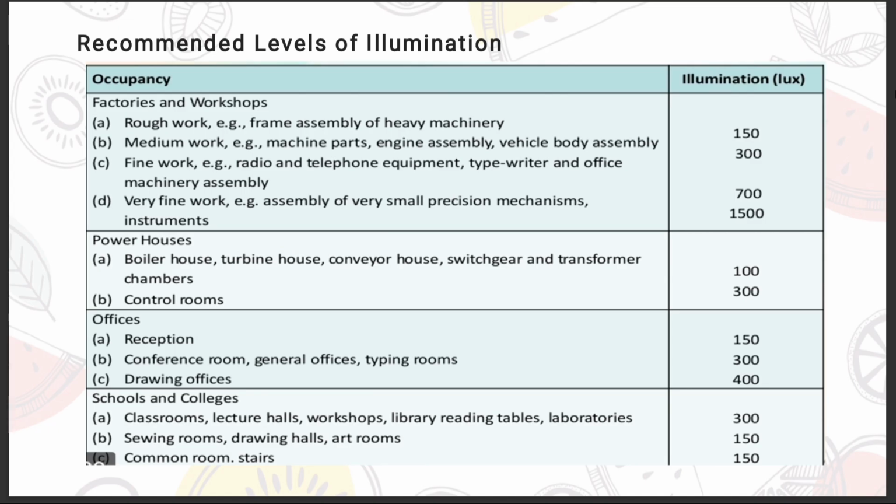Now, let's proceed with my next topic. Recommended levels of illumination. First, what is illumination or illuminance? Illuminance is a quantity of light or a unit used to measure the intensity of light hitting a surface, typically a wall or floor in lighting design.